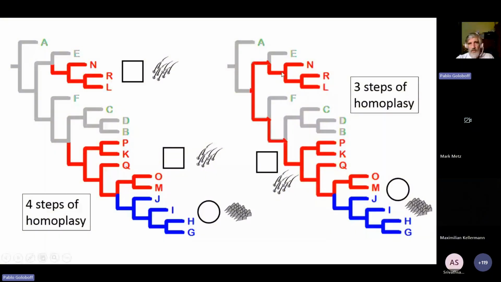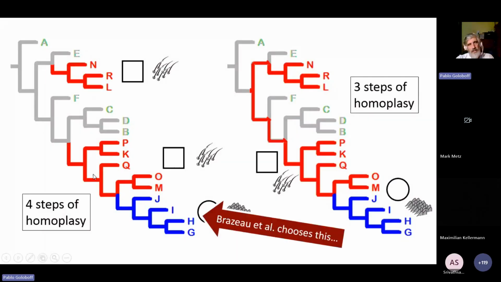Therefore, this reconstruction is preferable. But if you look at only the tail, you are going to map the tail on the tree in this way. So Brassot et al.'s method chooses this reconstruction, which has 4 steps of homoplasy, instead of 3, which is the minimum you can have given these 3 original characters. So that would be a problem.